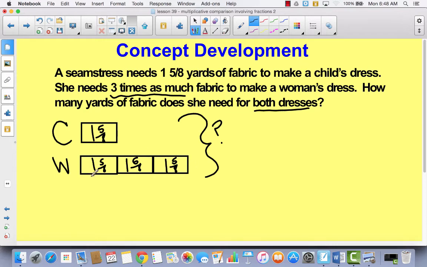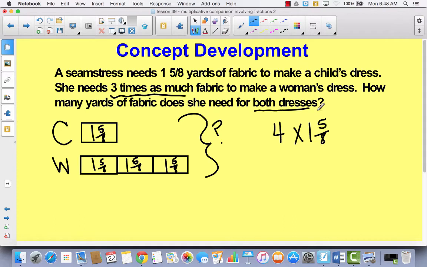I could solve for the woman's dress and then add it to the child's dress. But when I look at my model, I've got 1 5/8, 1 5/8, 1 5/8, 1 5/8. So I'm thinking that a more efficient way to solve this would be to say 4 times 1 5/8.